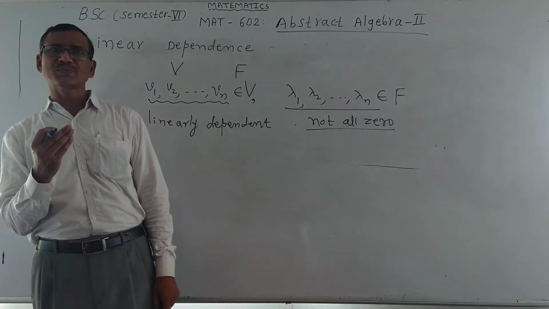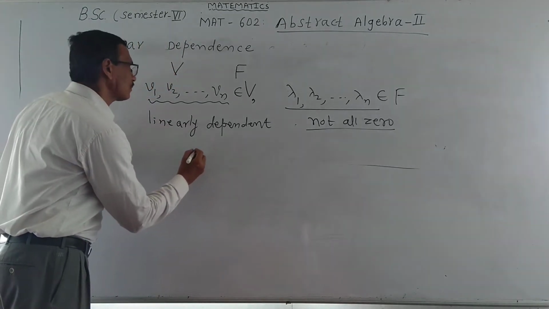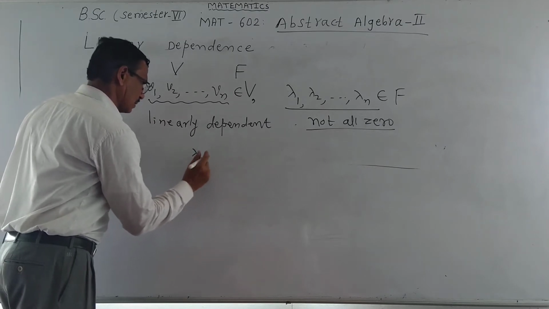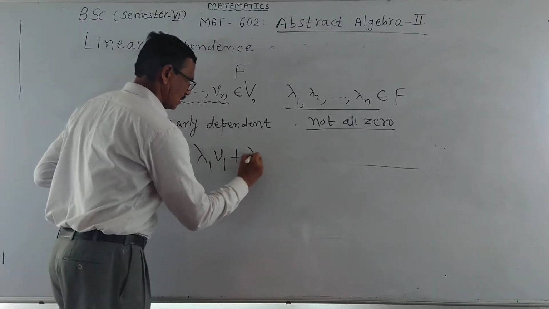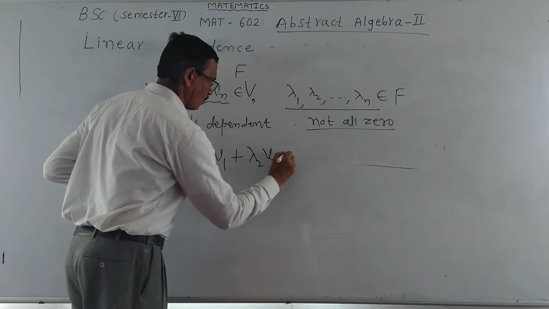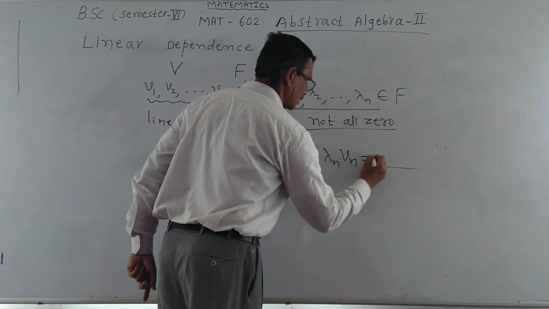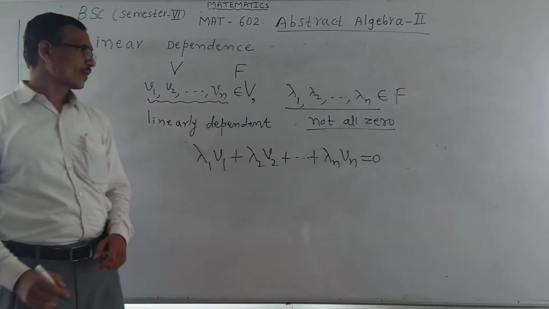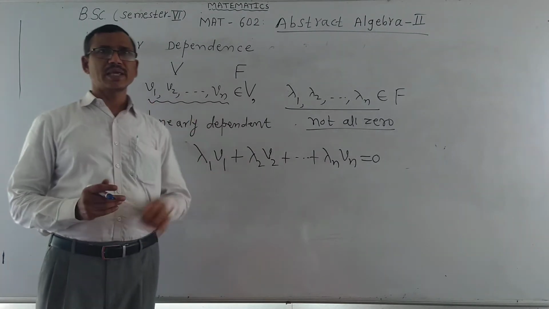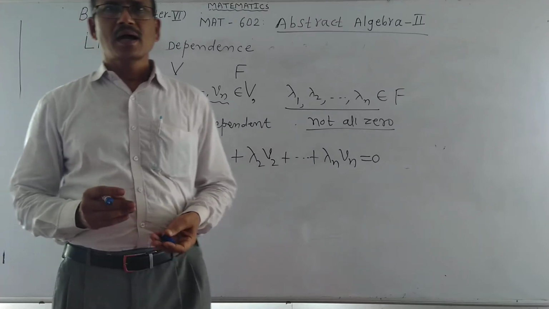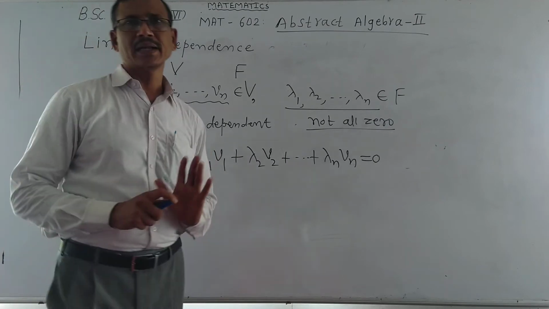At least one of them must be non-zero, satisfying the condition that lambda 1 v1 plus lambda 2 v2 plus so on lambda n vn is equal to 0. If this condition is satisfied, then the vectors v1, v2, ..., vn of vector space V are called linearly dependent vectors or linearly dependent elements.